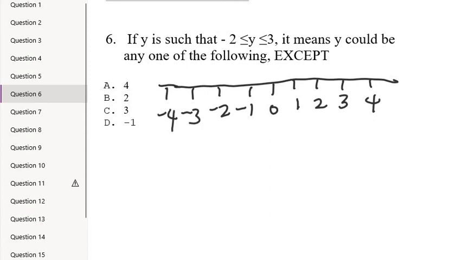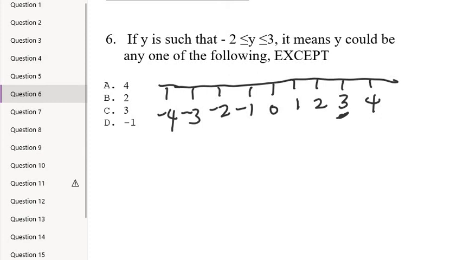That means y is bigger than or equal to minus 2, but y is less than or equal to 3. Y is not bigger than 3.